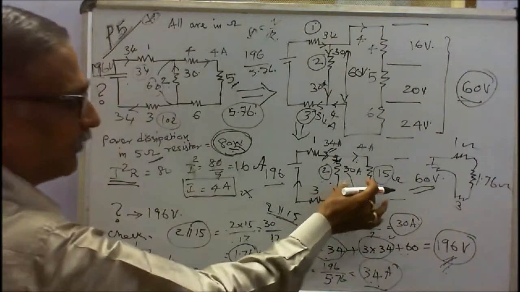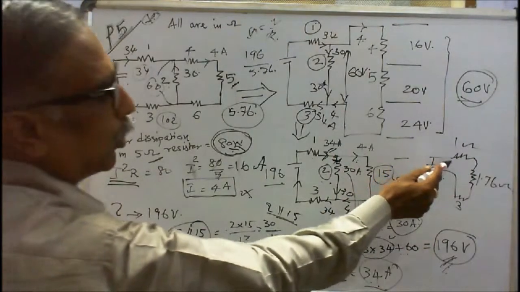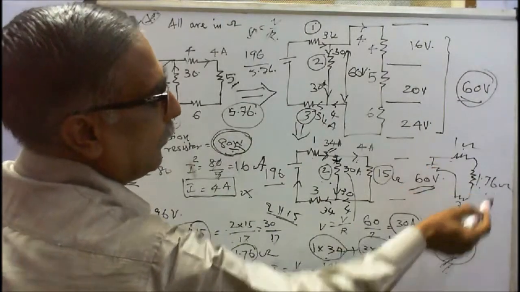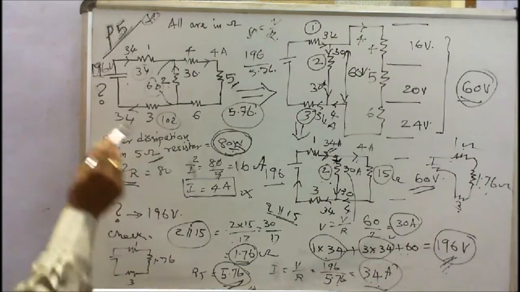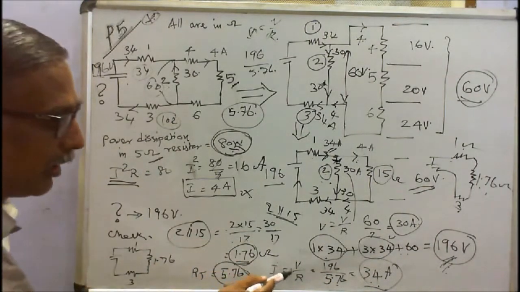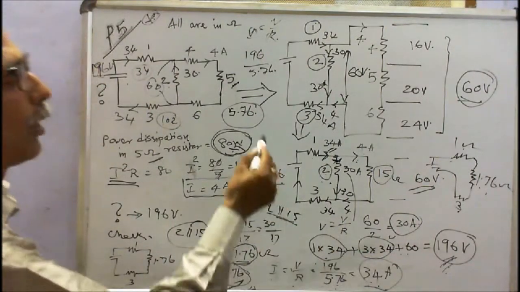So the combination of these two gives 1.76. Therefore, this is 1 ohm, this is 1.76, this is 3, so the total resistance is 5.76. The source voltage is 196. Therefore, I is equal to V by R, 196 by 5.76, 34 amps. The problem is correct.